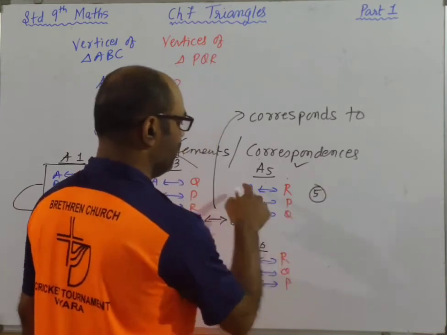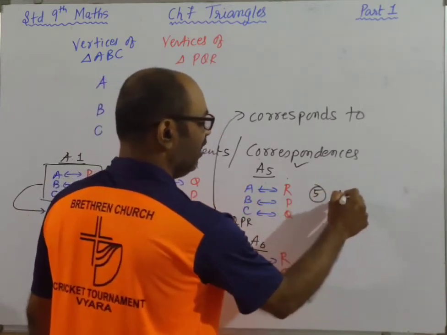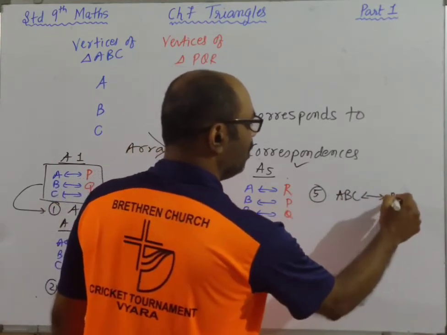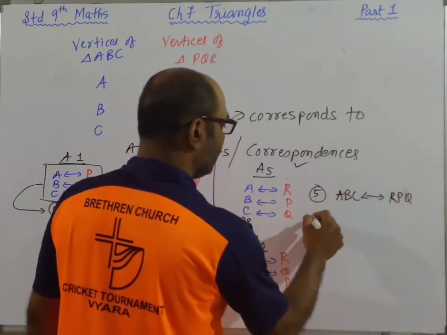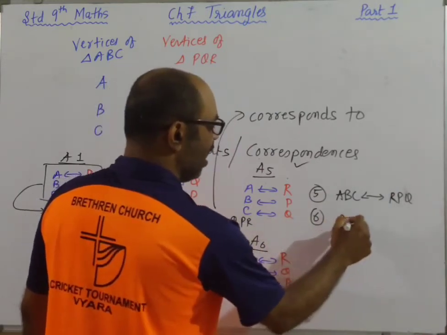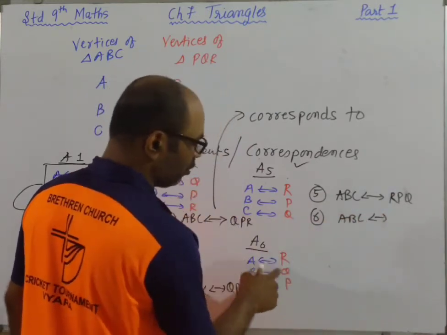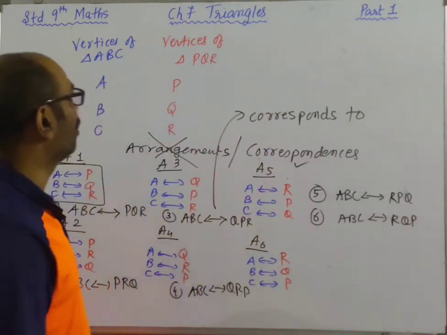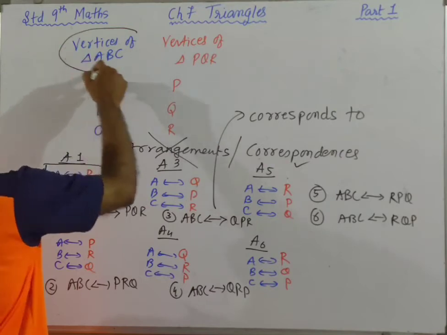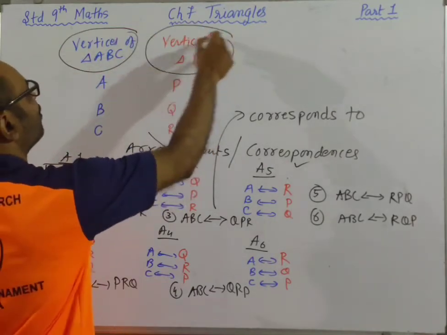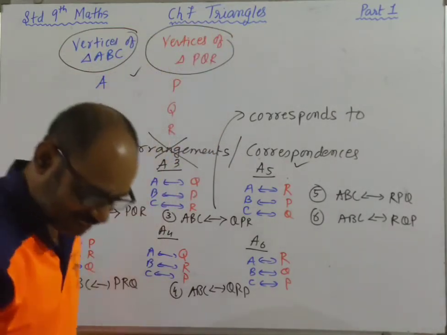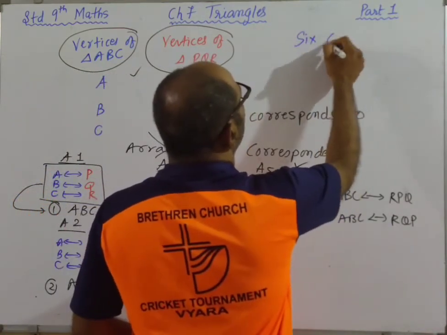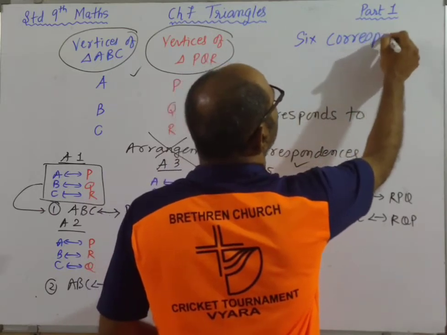Fifth correspondence, ABC corresponds to RPQ. Sixth correspondence, ABC corresponds to RQP. So how many correspondences are possible between the vertices of 2 triangles? 6. Now you can also write it directly, 6 correspondences.